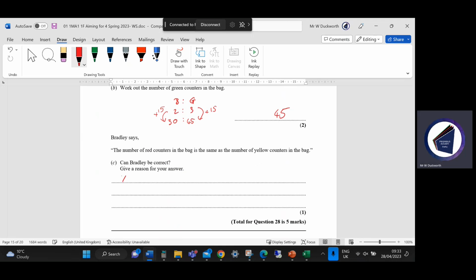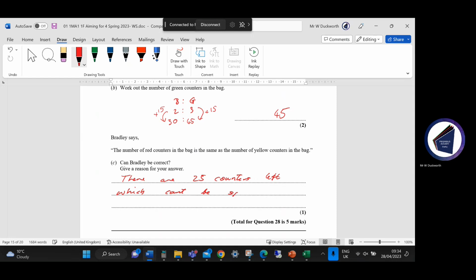So there are 25 counters left, which can't be split evenly.